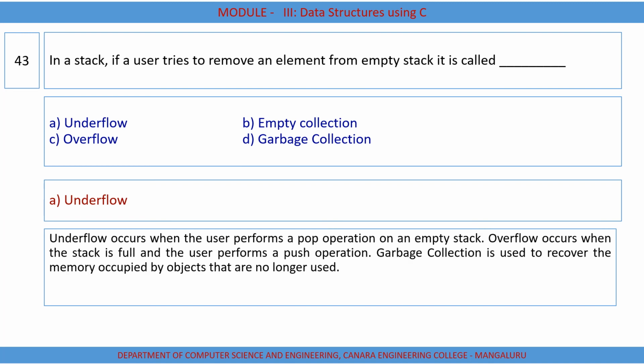Underflow occurs when the user performs a pop operation on an empty stack. Overflow occurs when the stack is full and the user performs a push operation. Garbage collection is used to recover the memory occupied by objects that are no longer used. So, if a user tries to remove an element from an empty stack, it is called underflow.